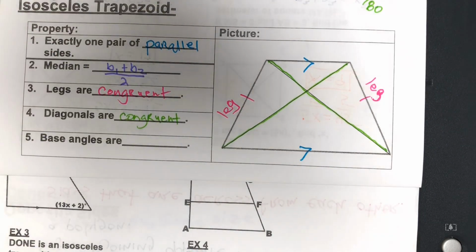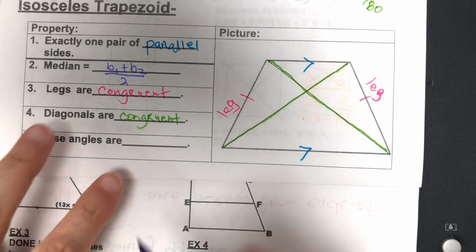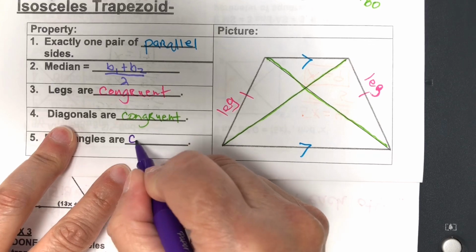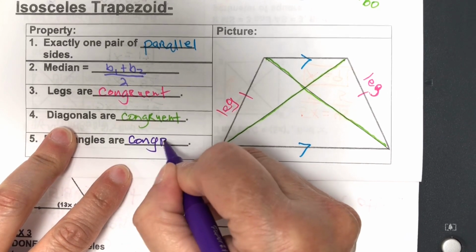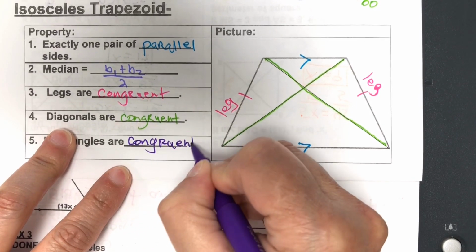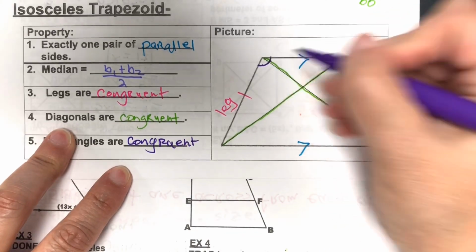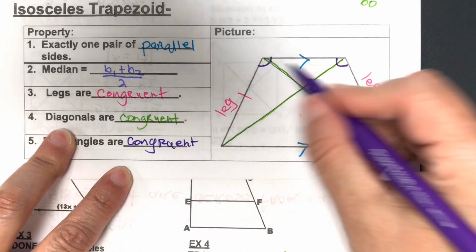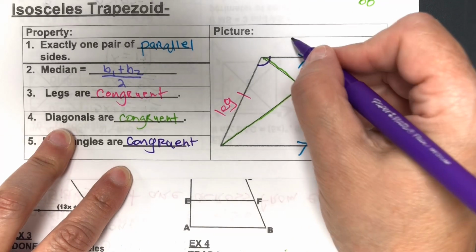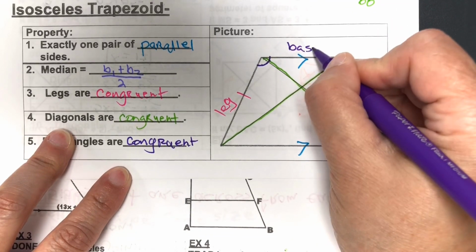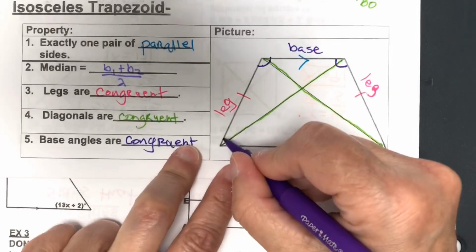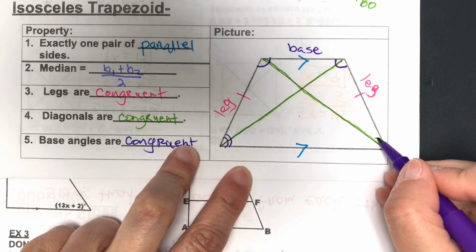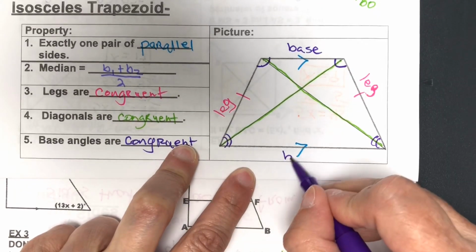Base angles are congruent. Two pairs of base angles. That angle is congruent to that angle, because this is one base. And this angle is congruent to this angle, because this is a base.